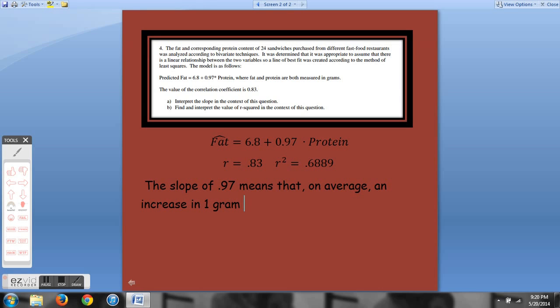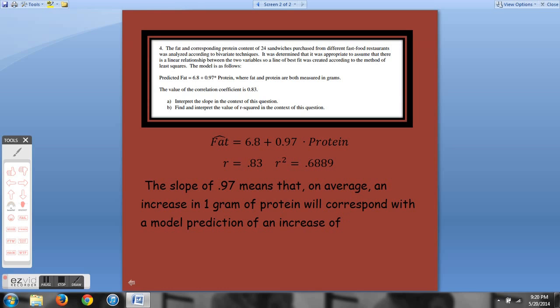Now, I'm typing this out as I'm saying it, but you should note that I'm using terms like on average because the least squares regression line is a prediction, an estimation. Also, I'm using terms like the model predicts or model prediction. You have to include that.